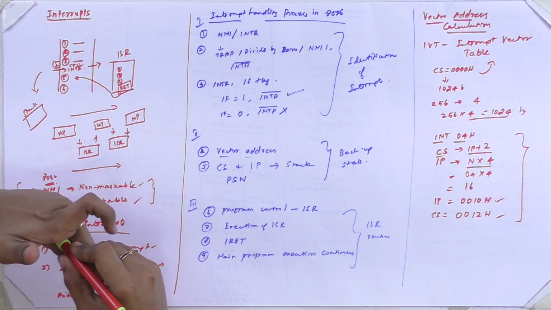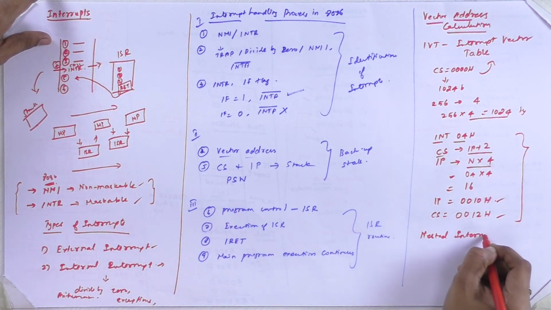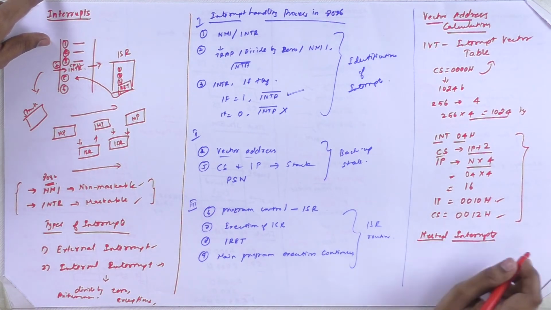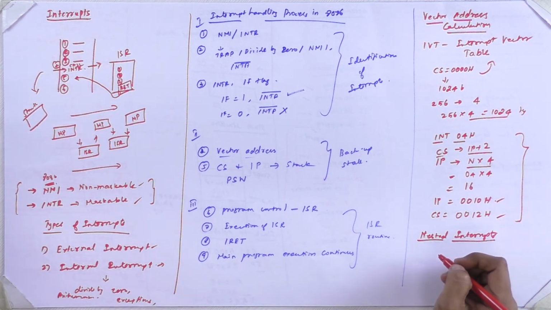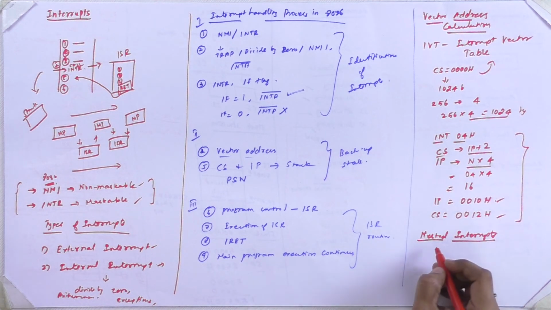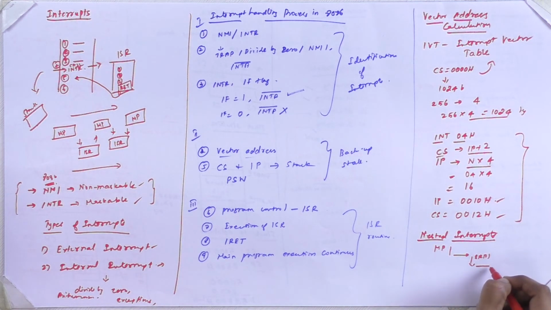Next is the concept of nested interrupts. We all know that the term nested refers to one within another. So the concept of nested interrupts is also similar. The main program executes, an interrupt comes, then ISR1 executes, another interrupt comes, ISR2 executes, then another interrupt comes, then ISR3 executes.